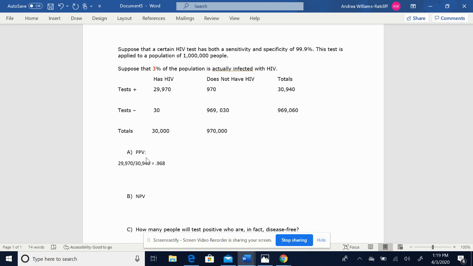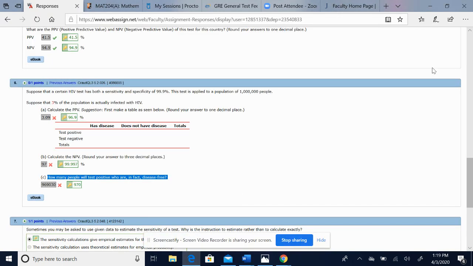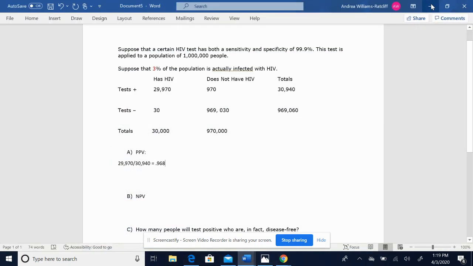Now, let me see if this wants this as a decimal. It does want it as a percent, so you might have to put that in. There should be some tolerance there, as there shouldn't be too much rounding going on in this case.